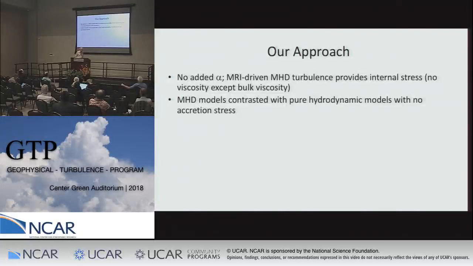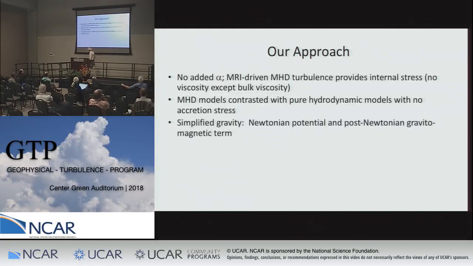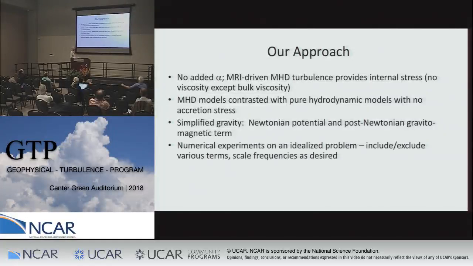But what we decided to do is take a very experimental and idealized approach to the problem, and in addition, contrast MHD simulations with pure hydrodynamic inviscid simulations, which have no accretion stress. We decided to simplify gravity down to the Newtonian plus a linearized form of the gravitomagnetic term. Once you're in that framework, you can fool around with the magnitude of the torque.